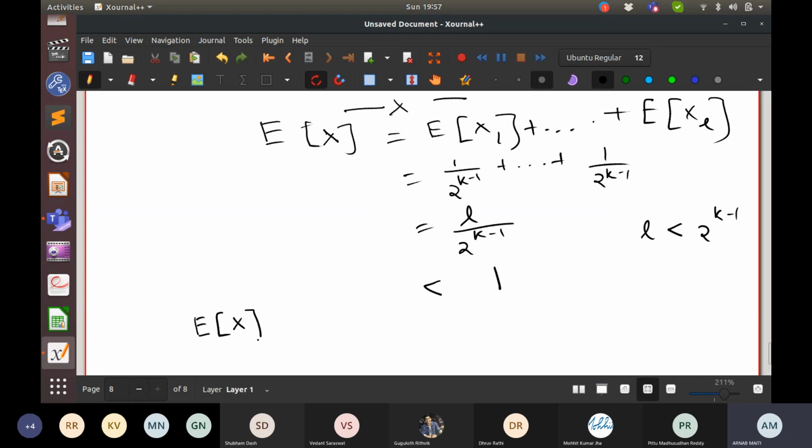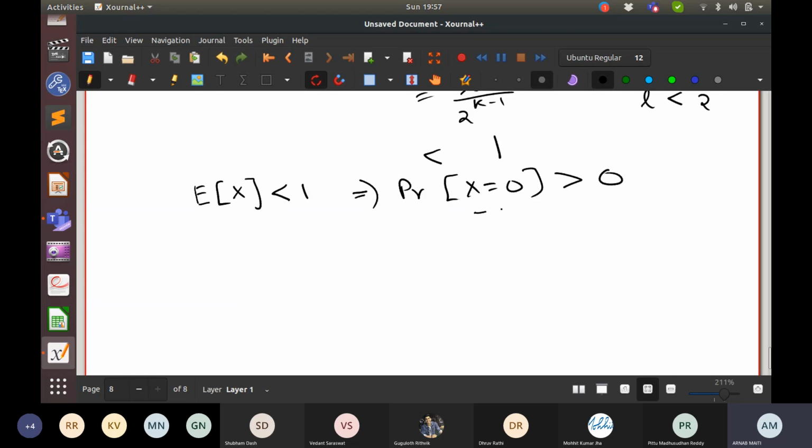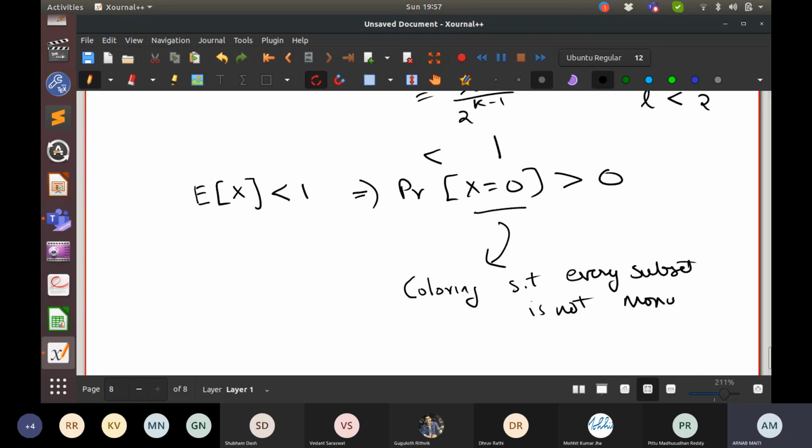And I showed that if the expectation of x is less than 1, then the probability that x is equal to 0 is greater than 0. Now, what is x equal to 0? It is nothing but saying that there is a coloring such that every subset is not monochromatic. Okay. So we are saying that the probability of that happening is greater than 0. So it means that there is some coloring which achieves our purpose. Hence, the theorem is proved.